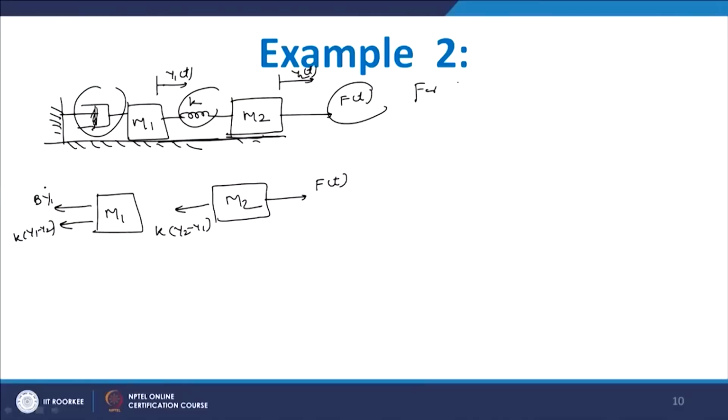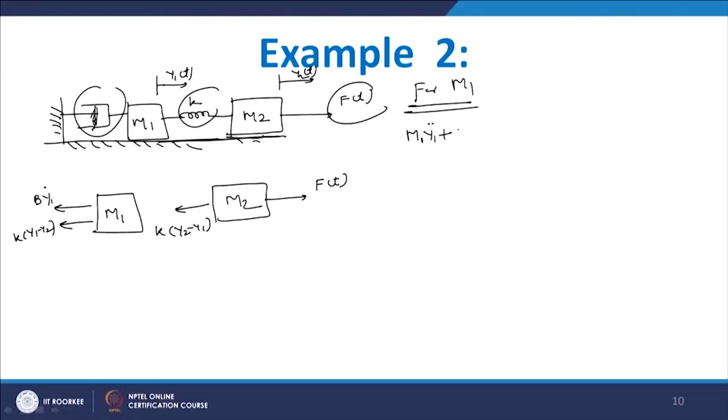Now, next step, we have to write the force equation for both mass m1 and mass m2. Now, for mass m1, m1 into y1 double dot, because for mass we represent it in terms of acceleration, force applied to mass equals m into a, acceleration.